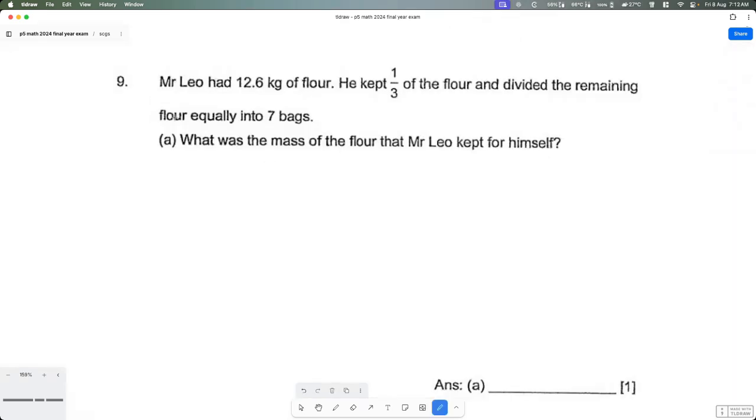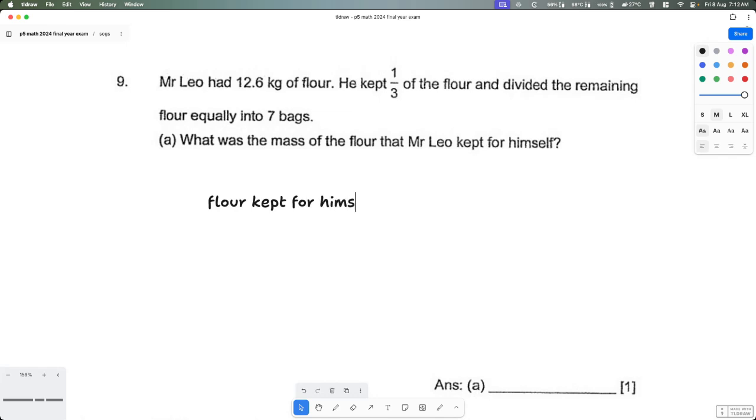Okay, question 9. Mr. Leo had 12.6 kilograms of flour. He kept one third of the flour and divided the remaining flour into 7 bags. What was the mass of the flour that Mr. Leo kept for himself? Okay, so flour kept for himself will be 12.6 times 1 out of 3.